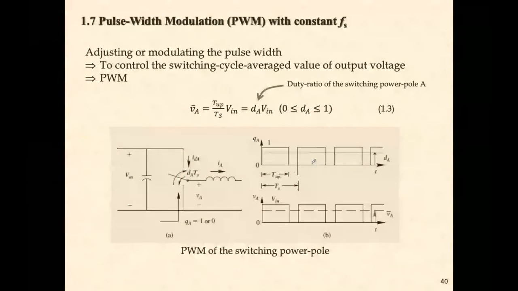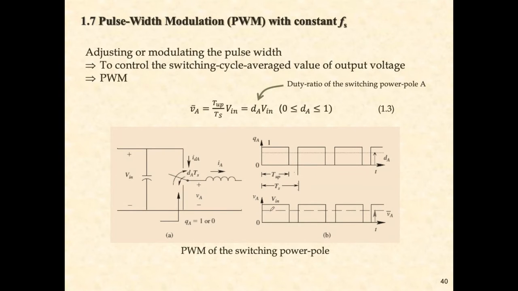When QA is equal to 1, of course, from this topology, VA should be equal to Vin. So once again, when QA is equal to 1, the switch is up, so VA is equal to Vin. When QA is 0, the switch is down, so VA is equal to 0.